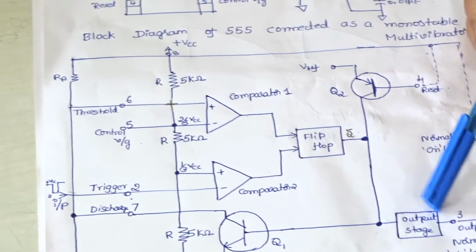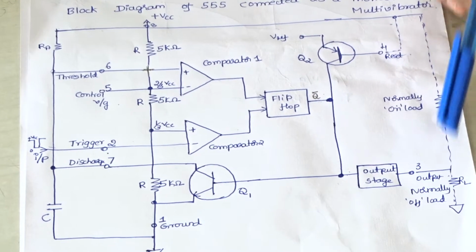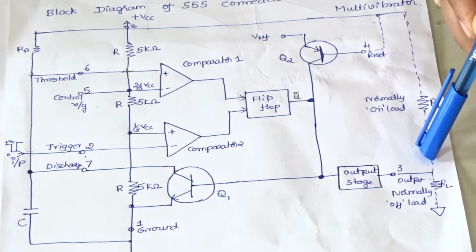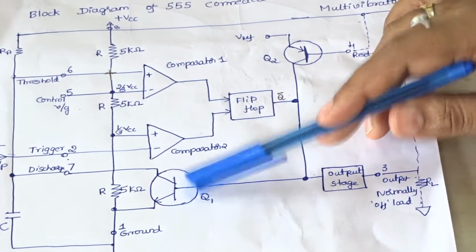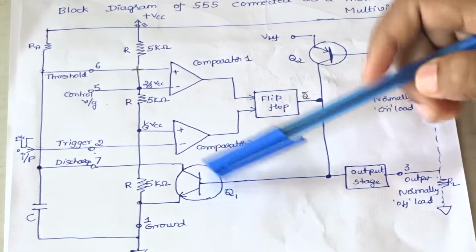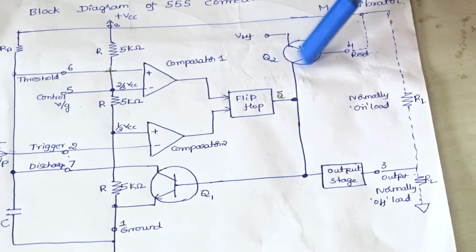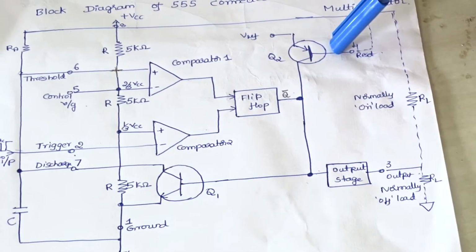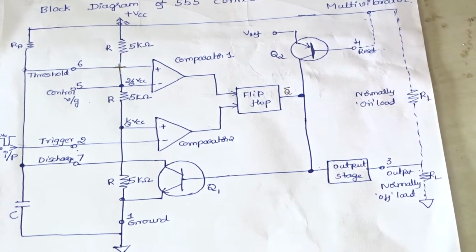The output stage is nothing but an inverter circuit, and from this inverter we take the actual output of the 555 timer. It also includes 2 transistors, Q1 and Q2. Q1 is for discharging the capacitor, and Q2 we will make use of for the reset purpose. One is an NPN transistor and the other is a PNP transistor.